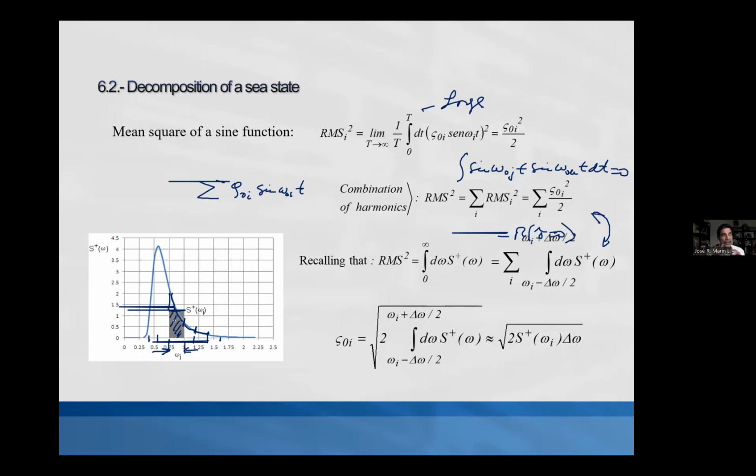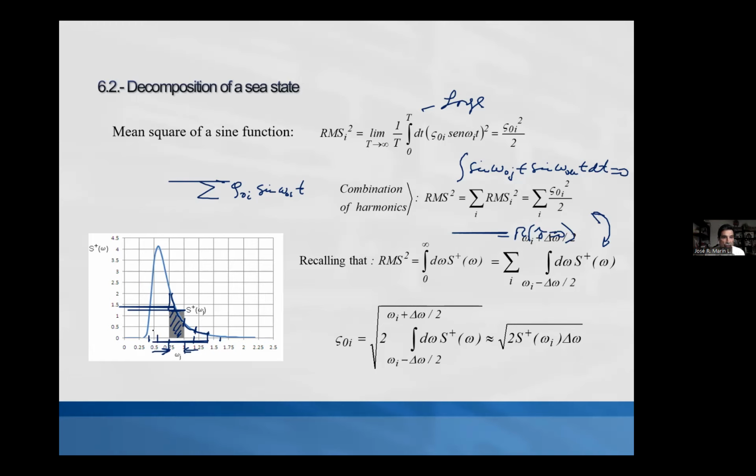For example, we could do this to make a simulation and set the elevation of the waves in a certain sea state. In this case, we can take this interval in frequency. For example, in this specific case, we can take from 0.25 up to, for example, 2.5. You see that here, the spectral density is very small.